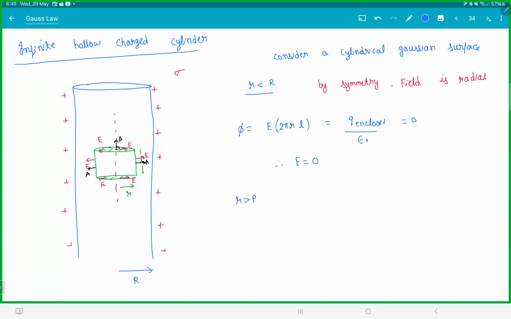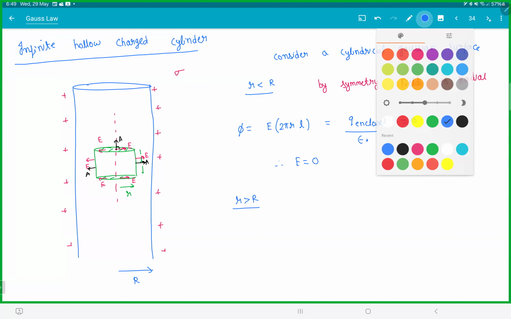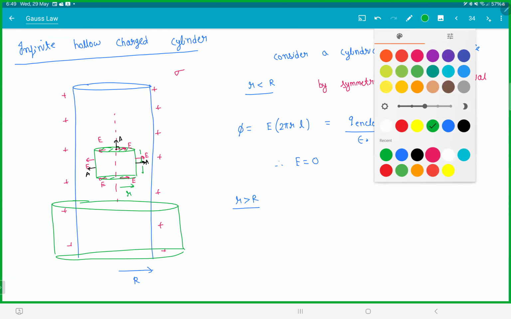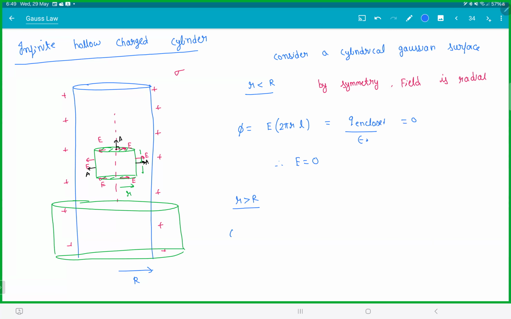If we take r greater than R, that is the outside point we are considering, let's say one more Gaussian surface like this. Now the flux will be E into 2 pi r L, same thing.